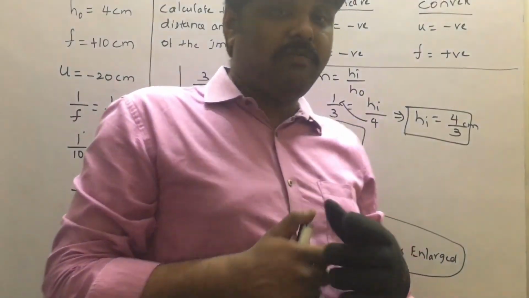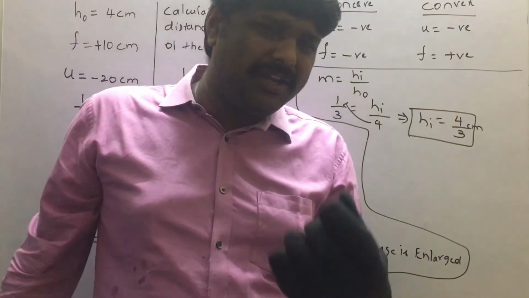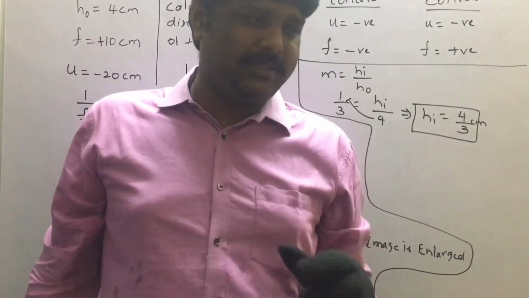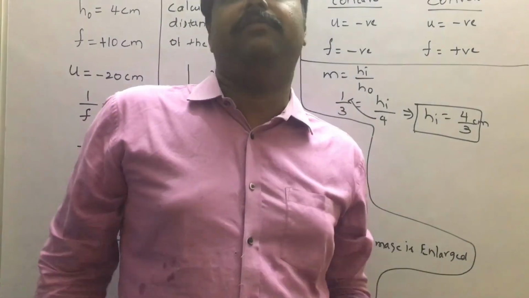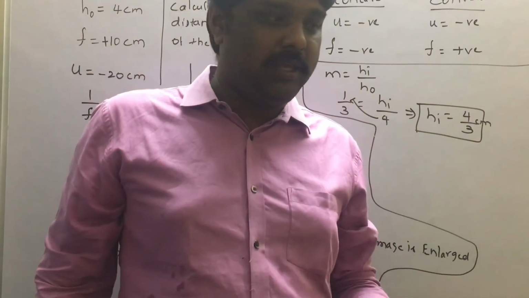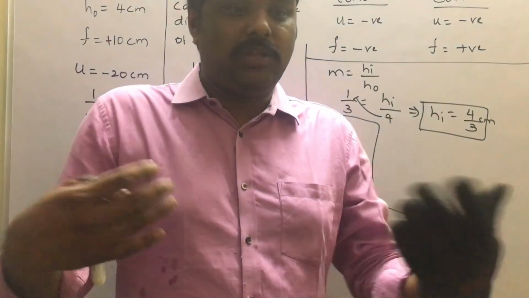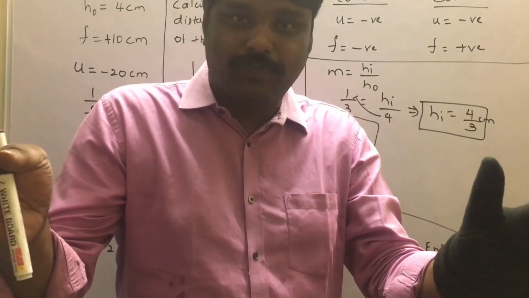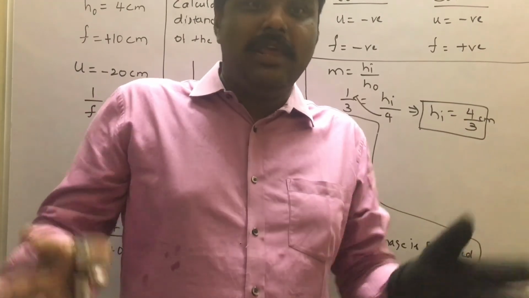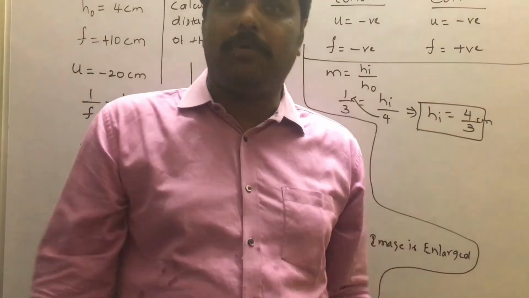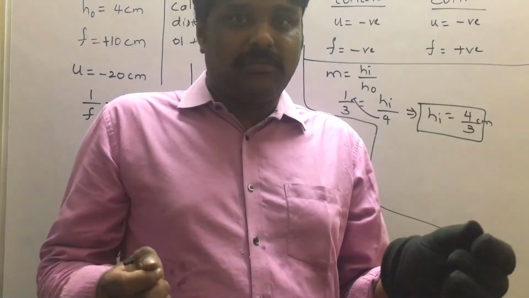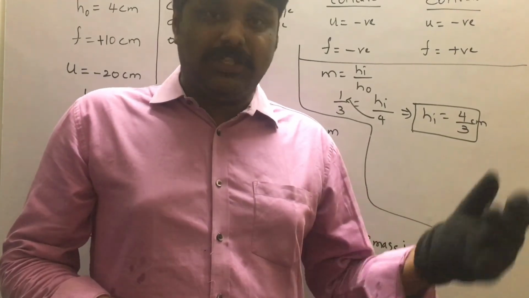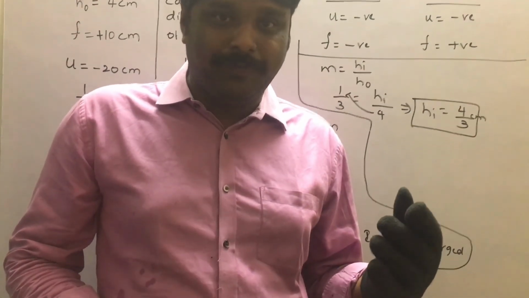I asked a question: why don't we use a plane mirror instead of a convex mirror as rear view mirrors? If we use a plane mirror, it shows me as much as I am, the entire thing. Yes or no? The same will be the size of the image as the size of the object. Suppose I am driving a car and I use a plane mirror as my rear view mirror, as side mirrors, instead of a convex mirror.